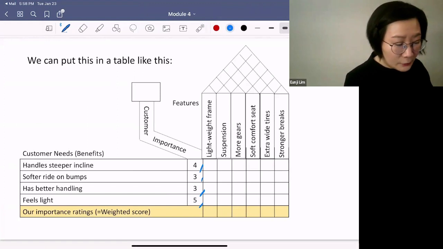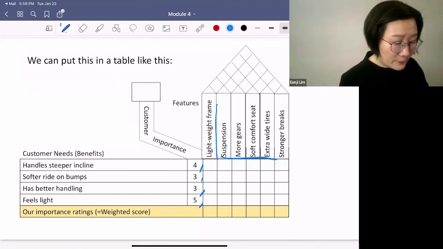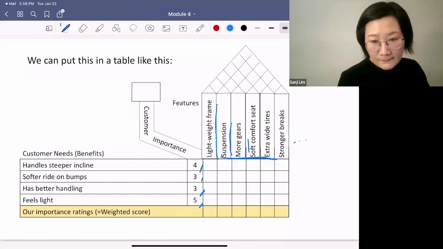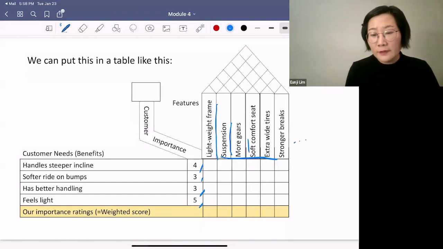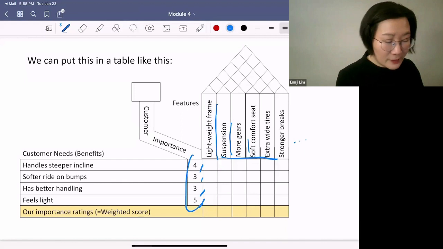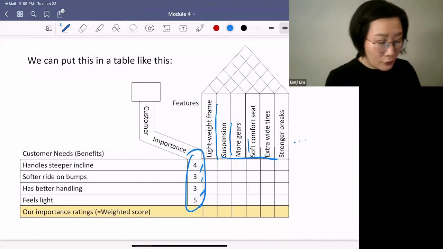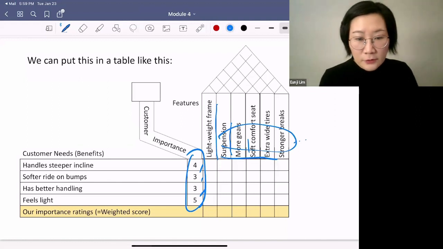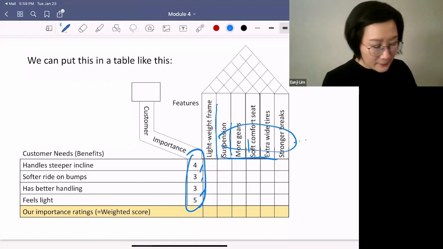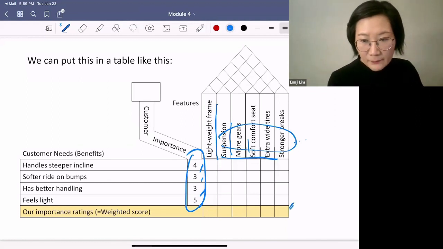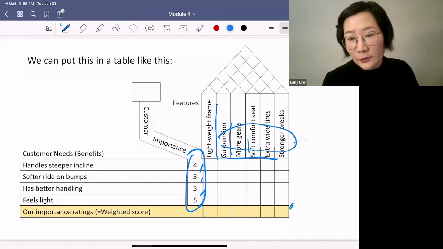And on top, we can list all the features we're considering, lightweight frame, suspension, etc. And our goal is to translate the importance ratings for benefits to the importance ratings for the features. To do this, we can fill out the blanks with numbers. The numbers will tell you how strong the relationship is between benefits and features.